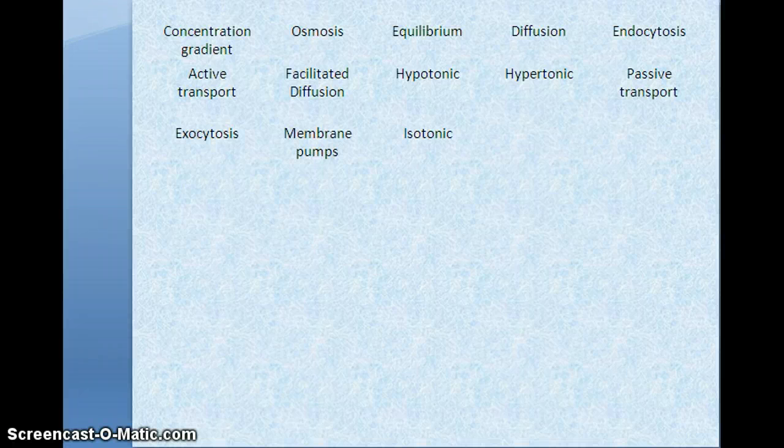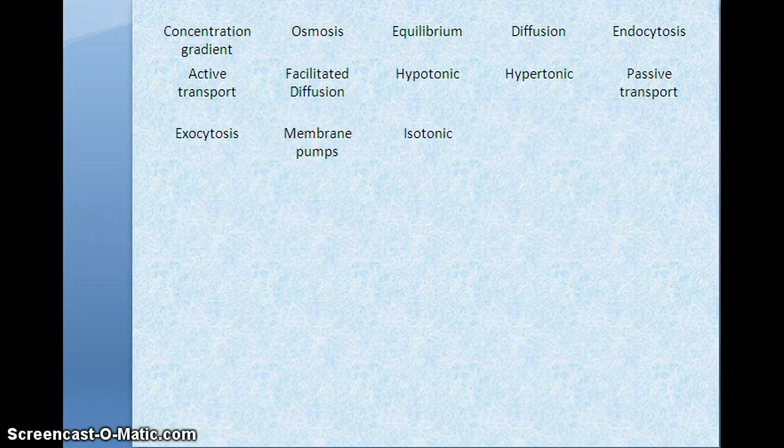So here I have a bunch of words. Vocabulary words. Concentration gradient. Osmosis. Equilibrium. Diffusion. Endocytosis. Active transport. Facilitated diffusion. Hypotonic. Hypertonic. Passive transport. Exocytosis. Membrane pumps.